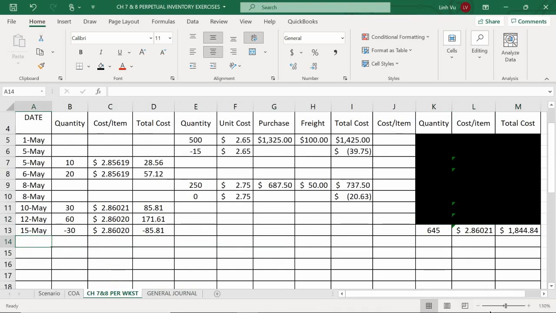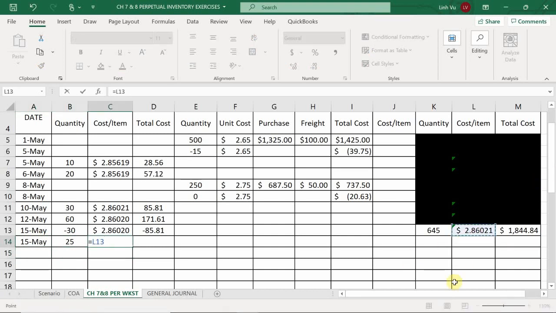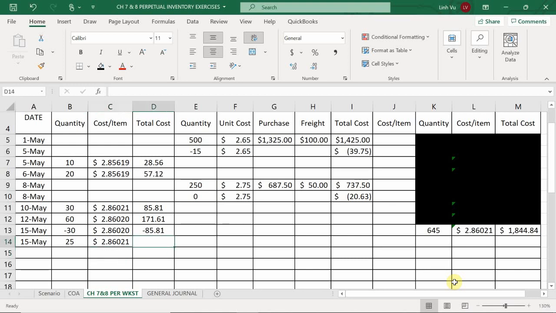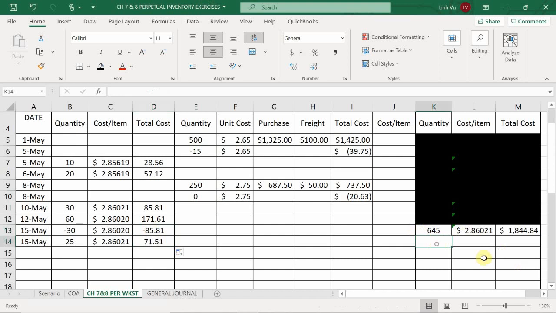So now I sold 25 mugs at my average cost per item to be the $2.86021 because it changed by 10,000th of a penny. So then what is going to be my total cost of goods sold here? 71. 70. Yep, 71.51. Because you're going to have to round up for this one.